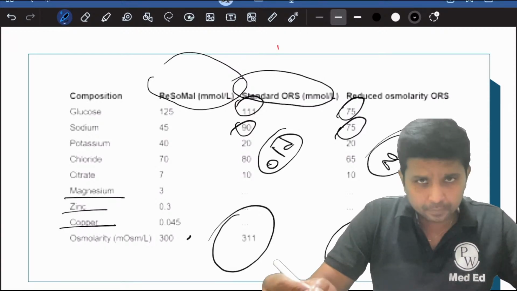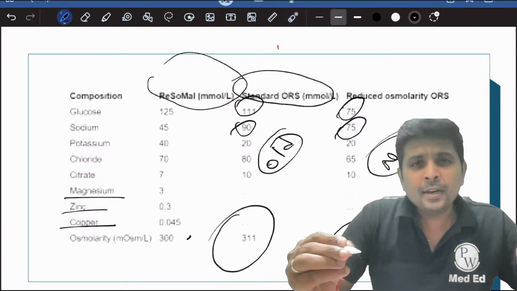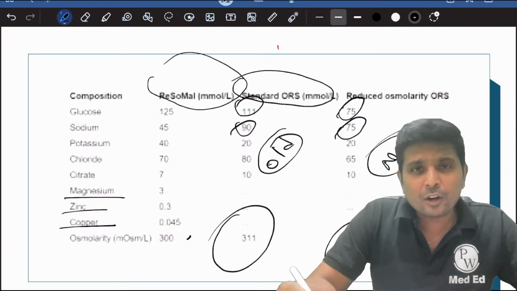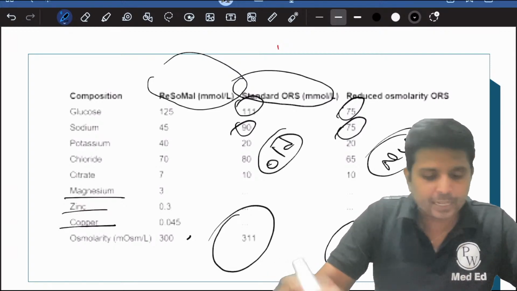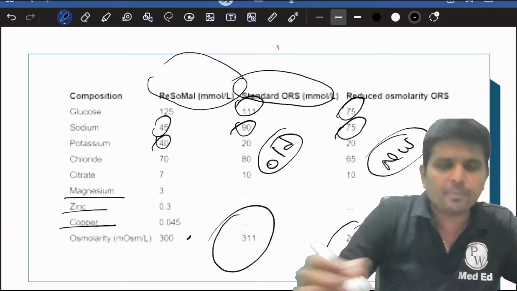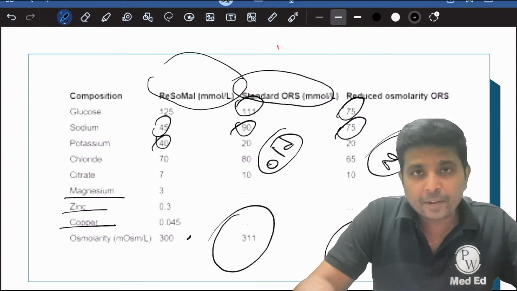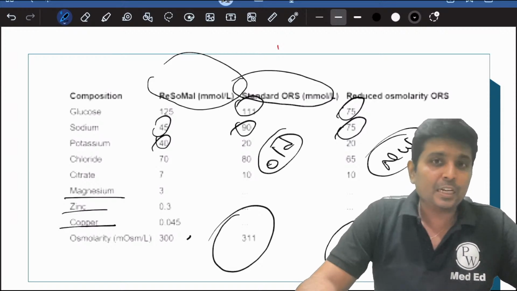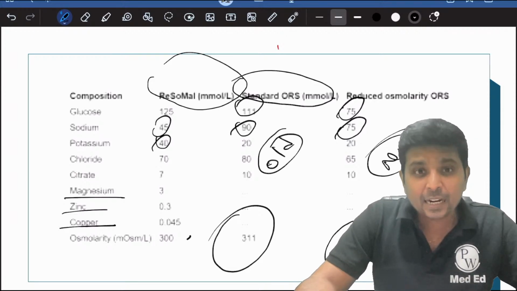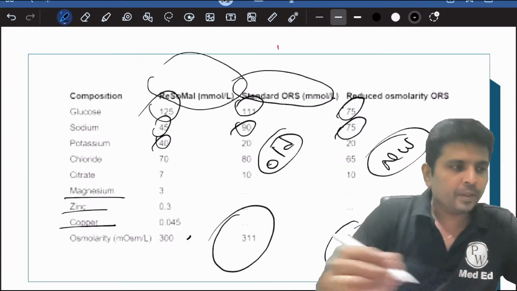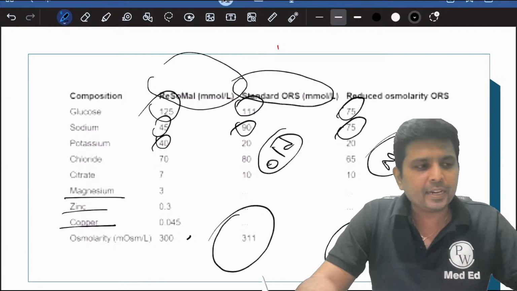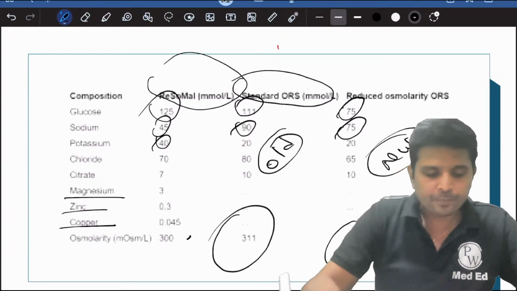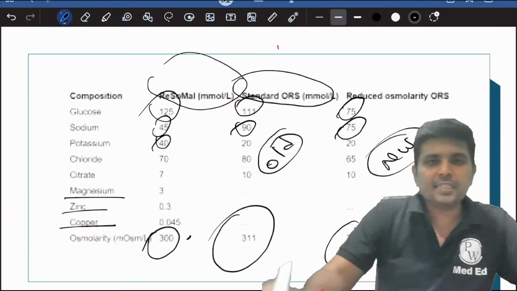Here in ReSoMal, sodium 45 and potassium 40. Remember, they are at risk for hypoglycemia, as a result of which the sugar value has been increased to 125, and here the osmolality is 300.